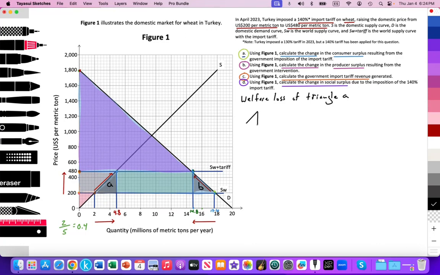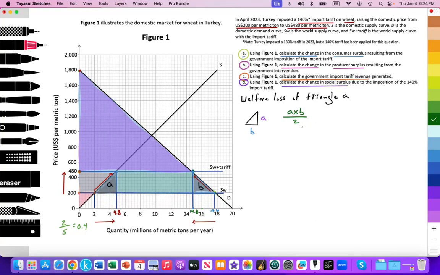Here's the triangle. To calculate the surface area of a triangle, it's the height times the base divided by 2. So we plug that into the formula: A times B divided by 2.